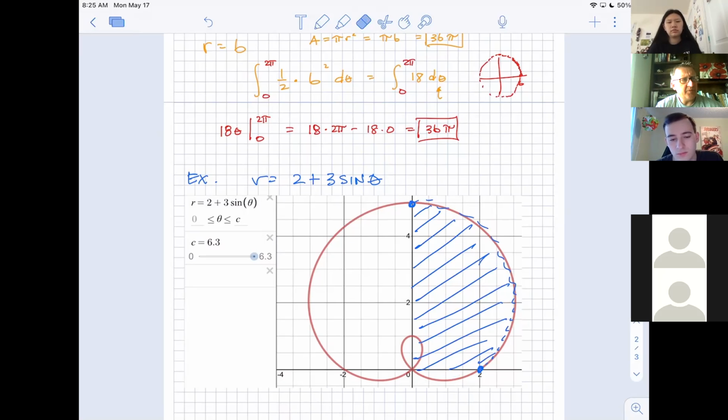And notice it doesn't include that little chunk down here in the bottom. So just to keep it simple for a second, let's figure that out. And it is going to include that circle, right? So it's really this.